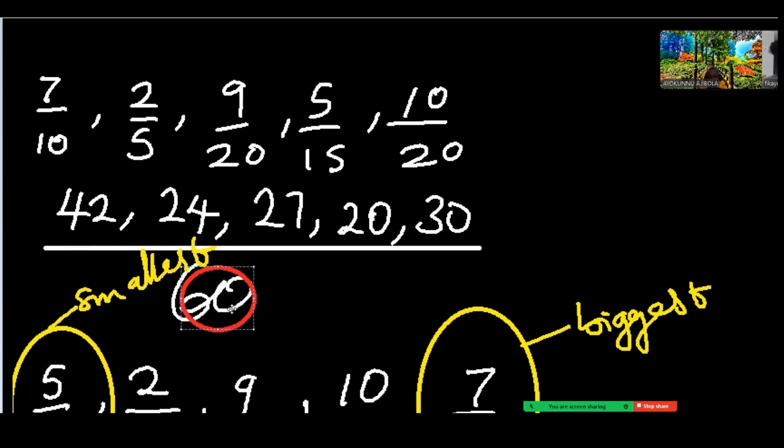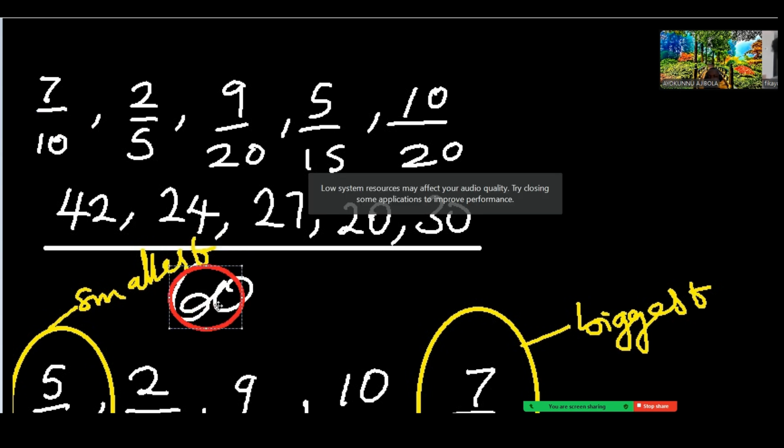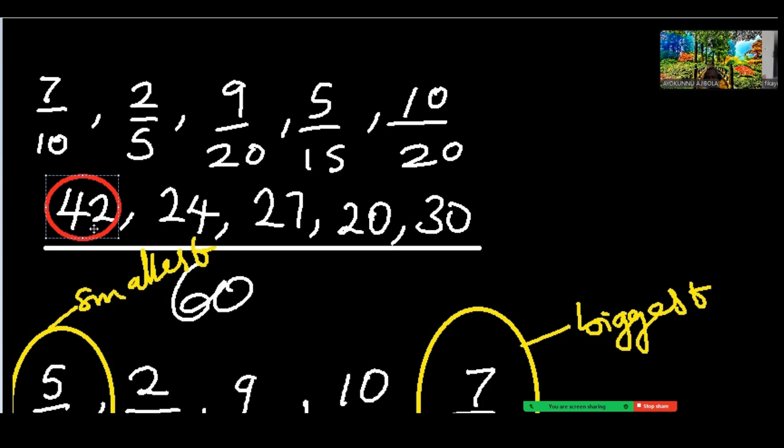That is 6. 6 times 7 gives us what? Look at the screen, I'm showing you. 10 in 60 is 6. 6 times 7 gives us what?